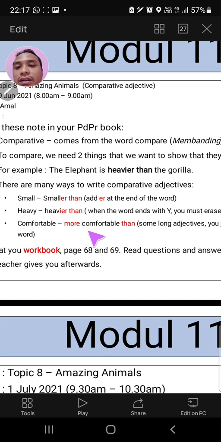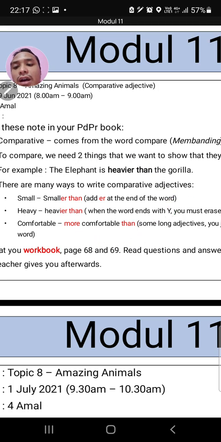Ayat ni dah cukup panjang. Jangan tambah ER kat belakang ke. Jangan tambah IER kat belakang. Tak perlu. Tambah je more kat depan. More comfortable than. Ni untuk perkataan yang panjang-panjang ni biasanya. Macam comfortable, interesting, beautiful. Nampak? Okay, good. Copy semua ni. Masuk dalam buku.